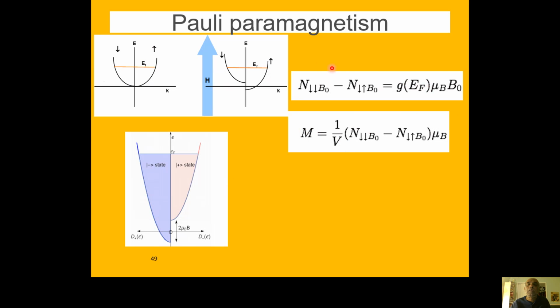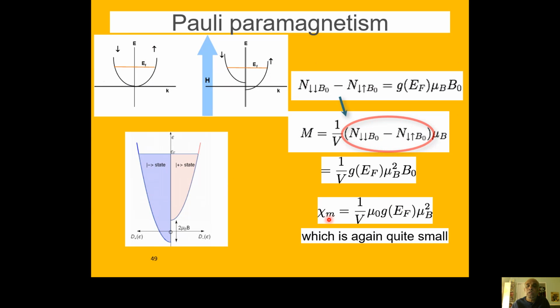Now if I substitute this function into this one, you get M, just plug in here. So you get an additional mu B coming here, mu B squared. Now if you know M, then you can calculate your susceptibility.